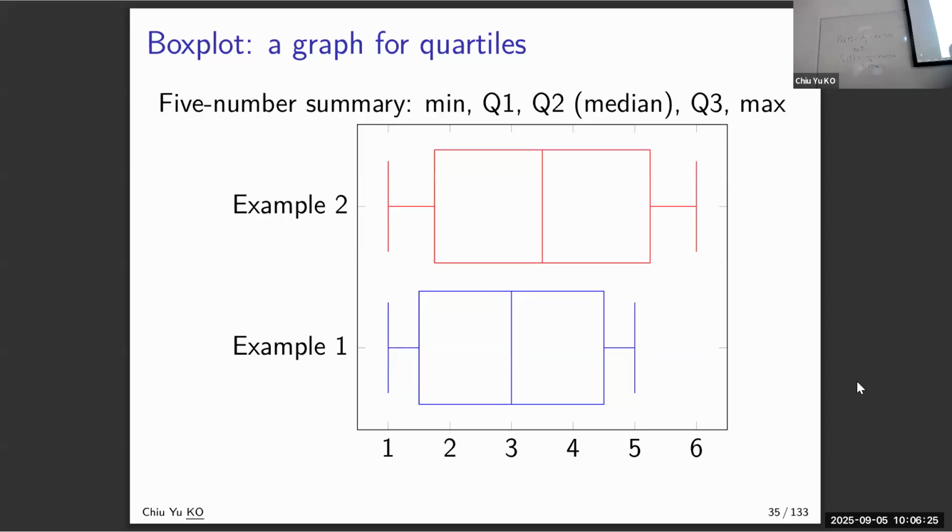The box plot is very good because it visualizes the 5 things, and people call this the 5-number summary: min, max, Q1, Q2, Q3. Sometimes they call the min Q0, and the max Q4. That is also the terminology you see in Excel. You can ask for Q0, Q1, Q2, Q3, Q4 in Excel, or other software as well.